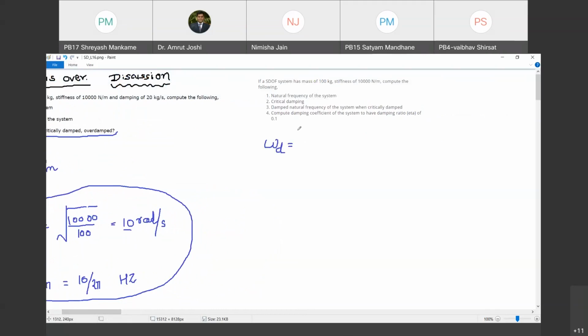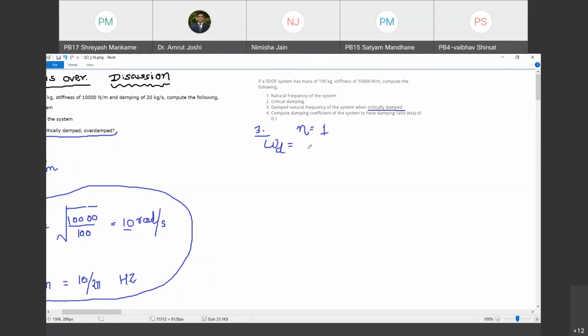So when system is critically damped, what can you say about eta? We are solving point number 3 here. Eta becomes equal to 1. Do you agree with me? So when eta equal to 1, that means the system is critically damped.